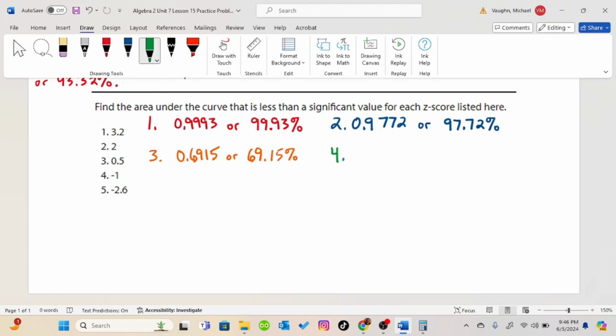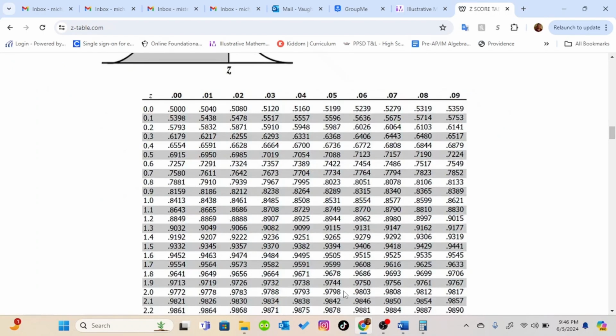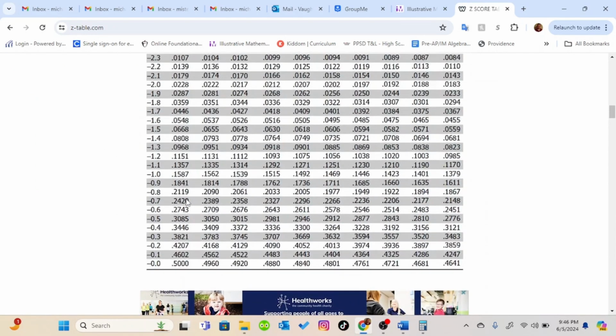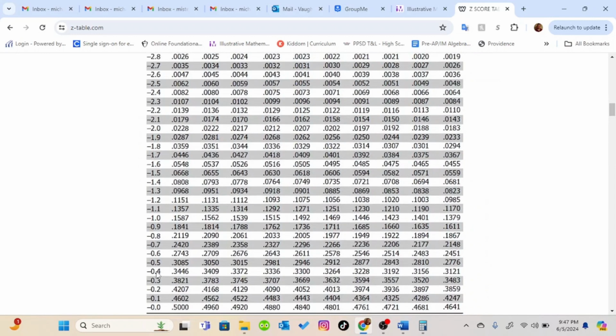Number 4. They give us a z-score of -1. So we go back to the z-score table. We're going to scroll up to the part of the table that has negative z-scores.